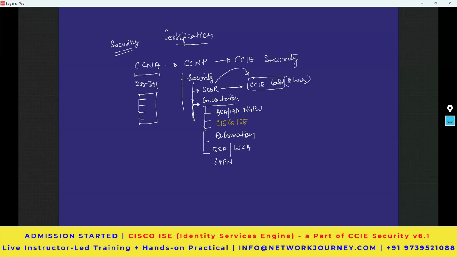So these are all the different concentration papers. When you do the CCIE Security, you might need knowledge of multiple modules. So it's good to have dedicated knowledge of SCOR, then ASA and FTD, then Cisco ISE, then SVPN, ESA, and automation.